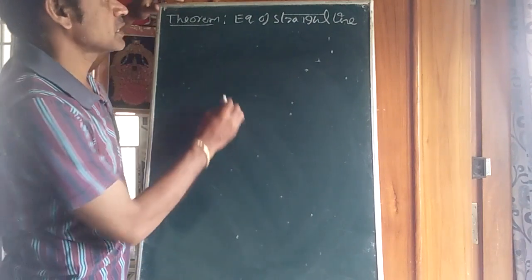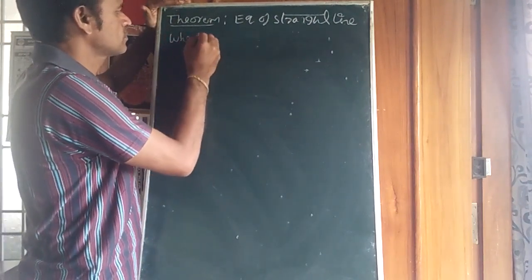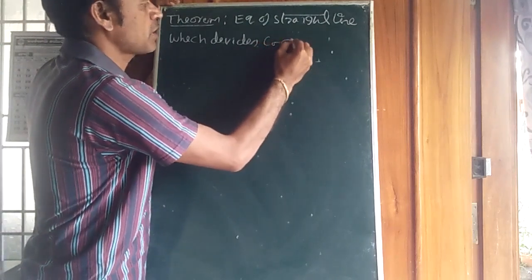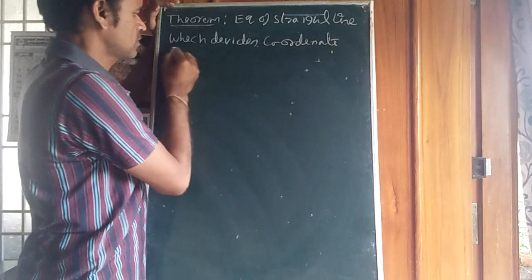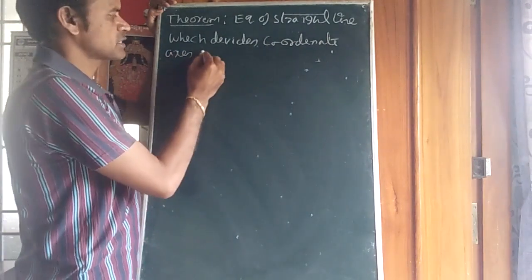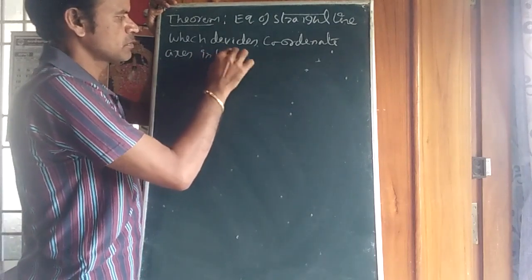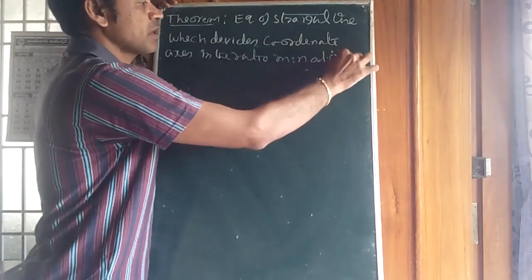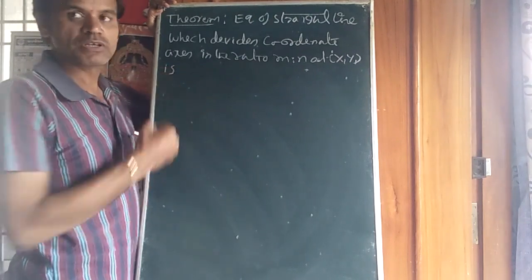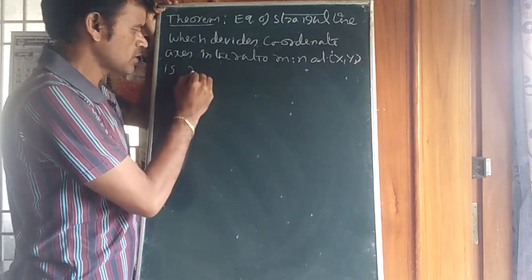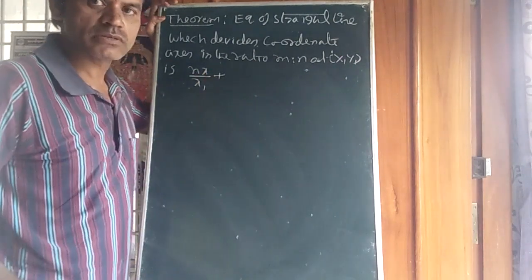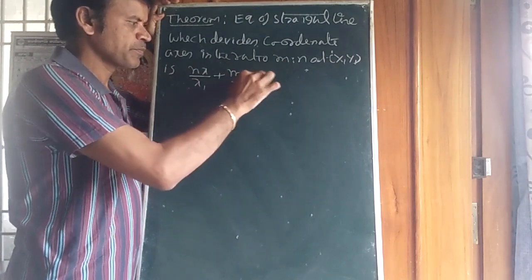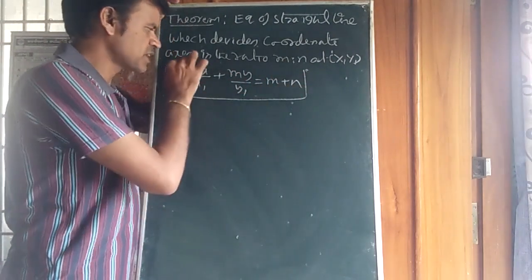In the similar way, we can say that the equation of straight line which divides the coordinate axis in the ratio m:n at x1 comma y1 is, write the formula, nx by x1 plus my by y1 equal to m plus n.